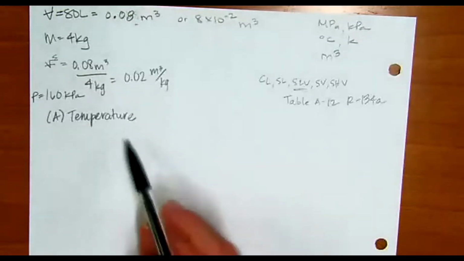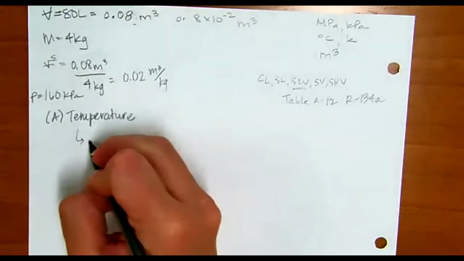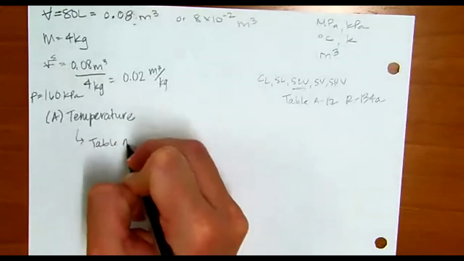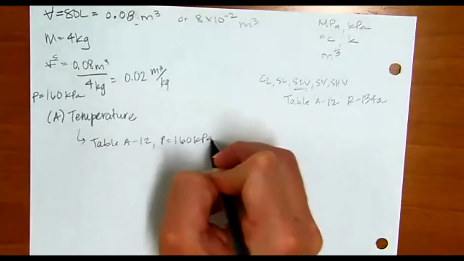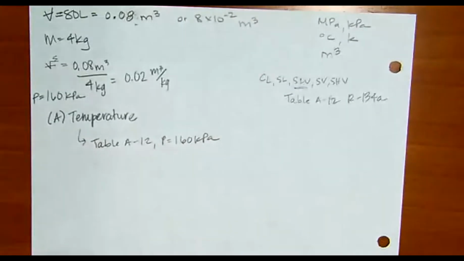So if we want to find temperature, all we have to do is go to table A12 at pressure equals 160 kilopascal and look up our values for our saturated temperature. In this mixture region, in this liquid vapor region, the temperature of the system is always going to be equal to the saturation temperature.